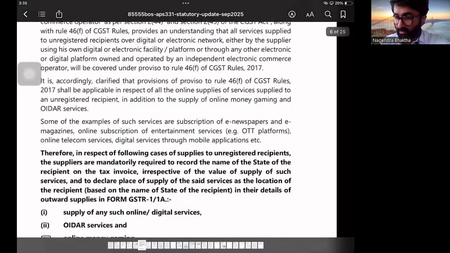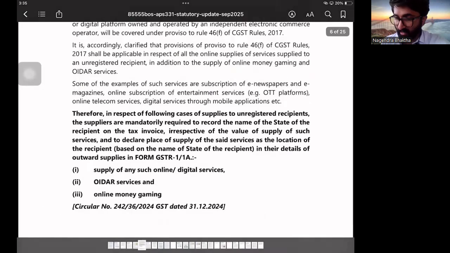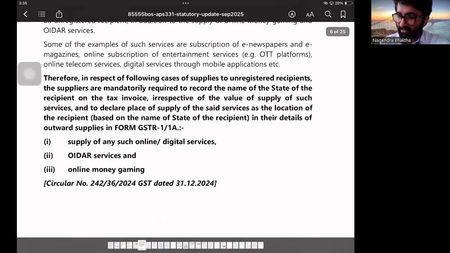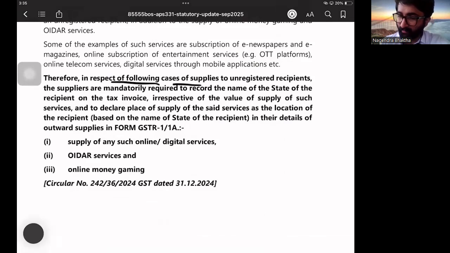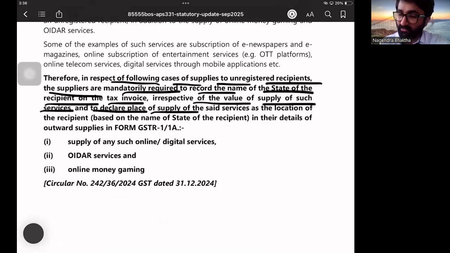Here, in thick letters, they have given the summary. Thus, in respect of the following cases, the supply to an unregistered person, the supplier is mandatorily required to record the name of the state of the recipient on the tax invoice, irrespective of the value of the supply of such services, and to declare the place of supply of the said services as the location of the recipient, which is mentioned in the invoice.